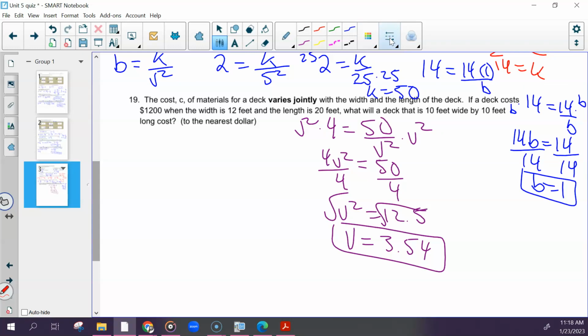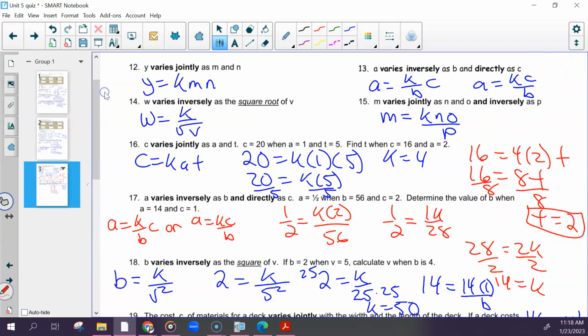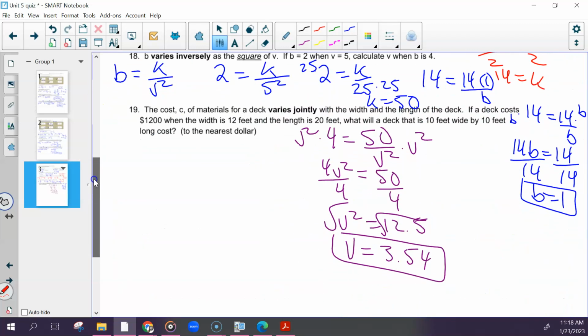Okay, for this last one, it says the cost C for a deck varies jointly, so it's going to look very similar to 16 or 12. So C equals K times, you can use W and L for width and length. You can use X and Y and Z, doesn't matter. Then it says if a deck costs $1,200 when the width is 12 and the length is 20.